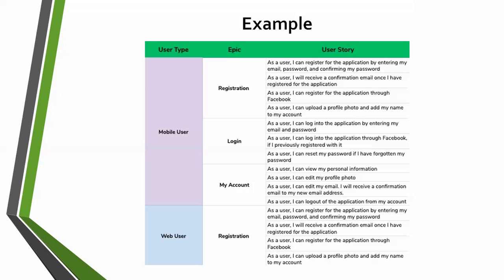Just tell me one thing: I can write one user story for registration and then mention the tasks and subtasks for it. Yes, you can write, but it should also meet the acceptance criteria. If you write only one user story, no one is stopping you.